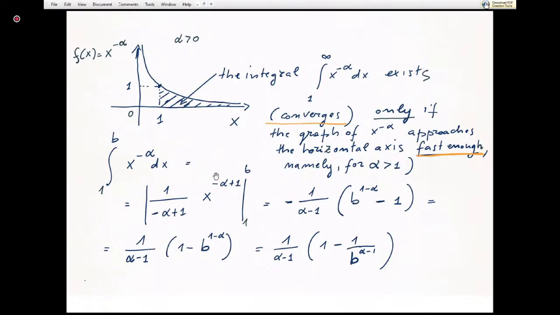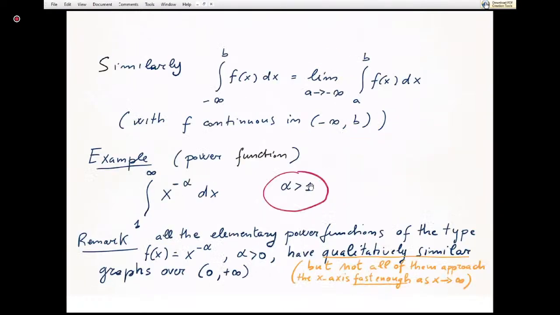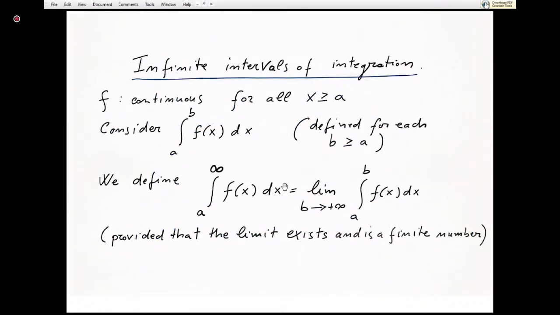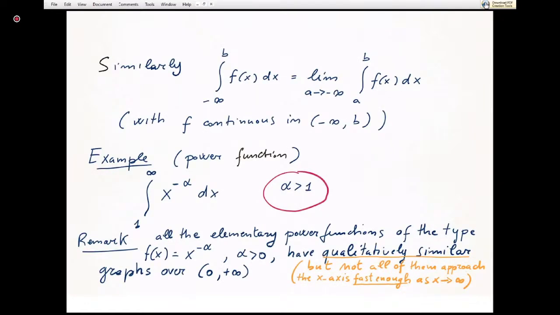And we can see it very easily if we apply the definition of this limit. First we compute the integral between a and b of that quantity, and then we take the limit as b tends to infinity. And we see very clearly that the threshold is 1.